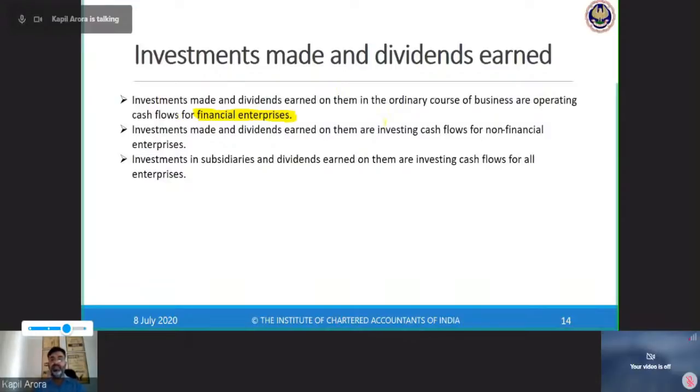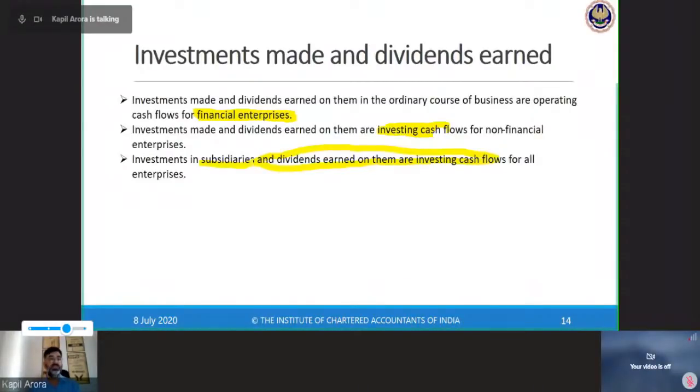For non-financial enterprises, it is always investing activities, right? Whereas investment in subsidiaries, dividend earned will always be treated as investing activities only.